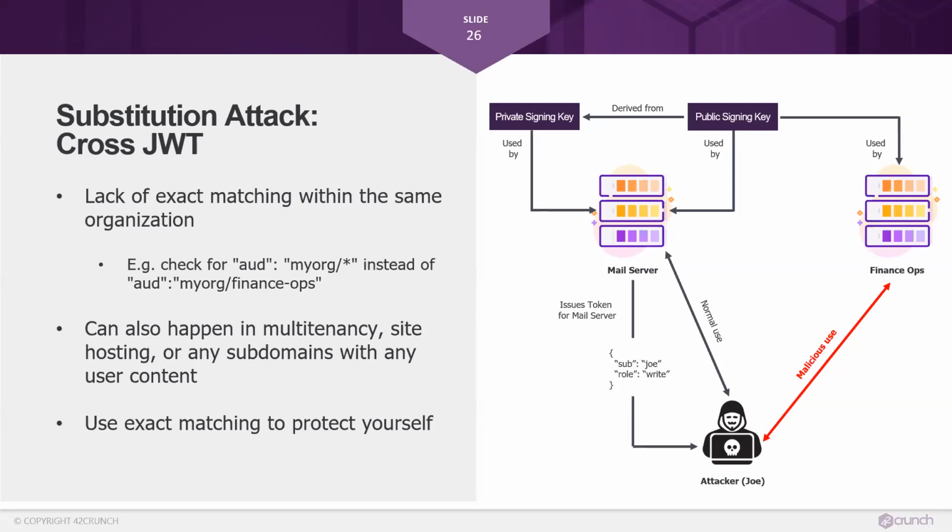So precisely, if you don't check that there is a perfect match between the requested audience and the target audience, then you are open to these kinds of problems. And once again, this is a must in the OpenID Connect RFC, for instance. You must have a perfect match for the audience.